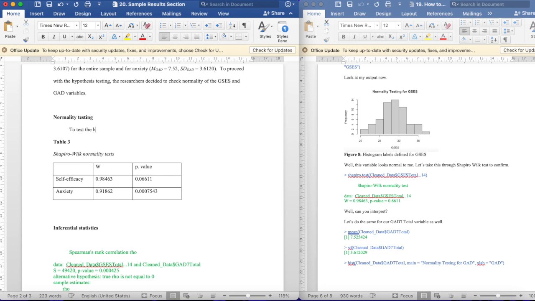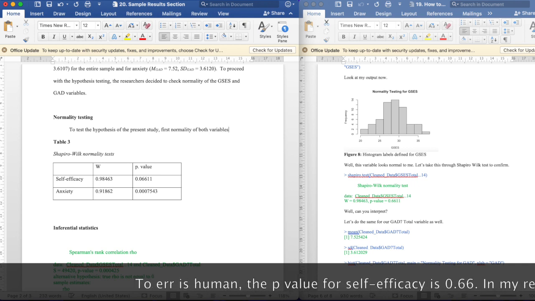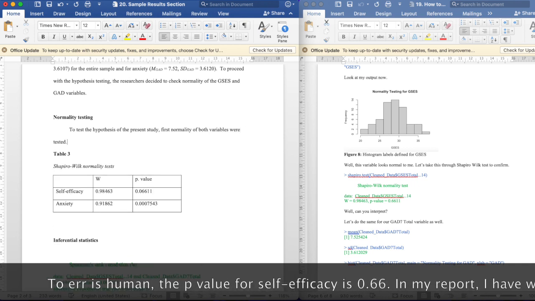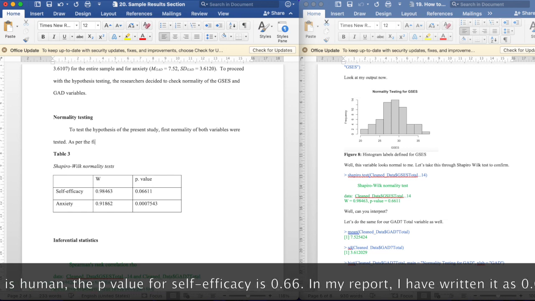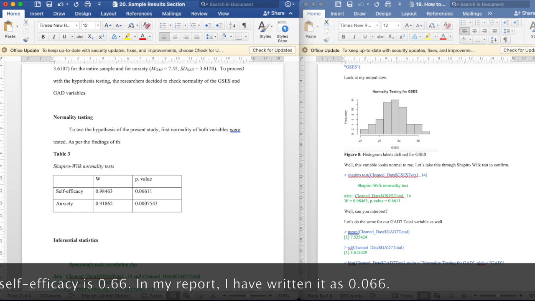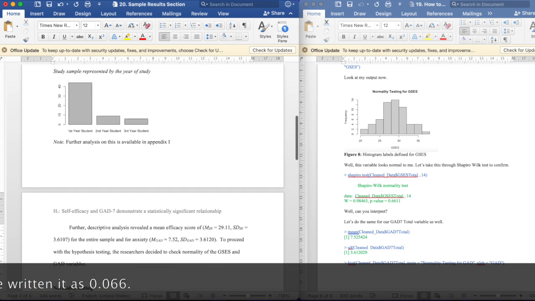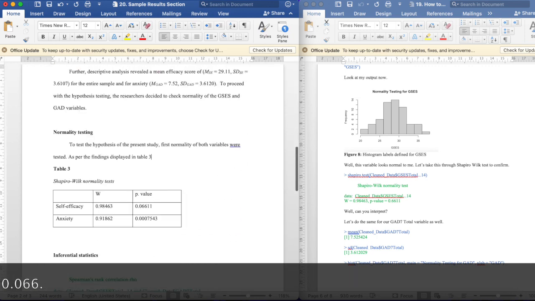To test the hypothesis of the present study, first, normality of both variables were tested as per the findings displayed in table 3. Now this becomes table 2. Why? Because I have only two tables.